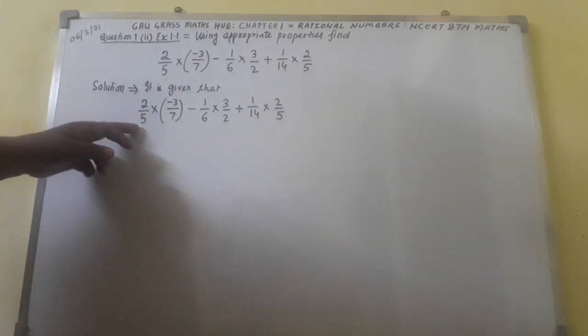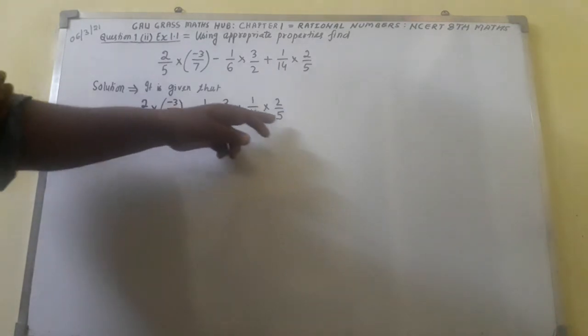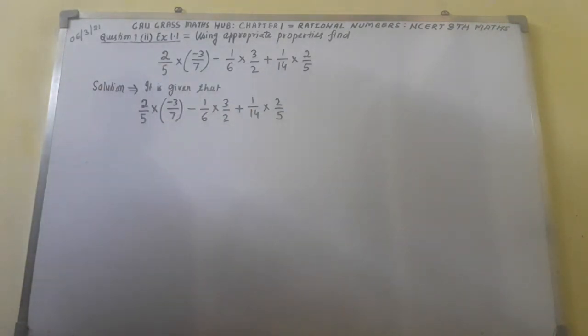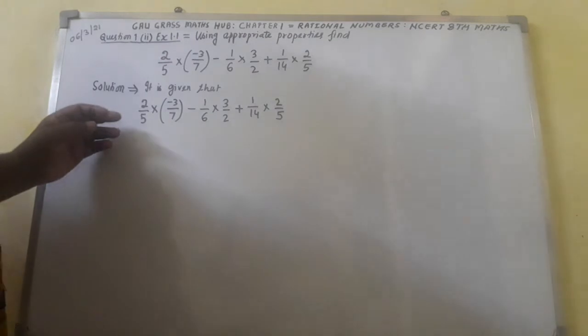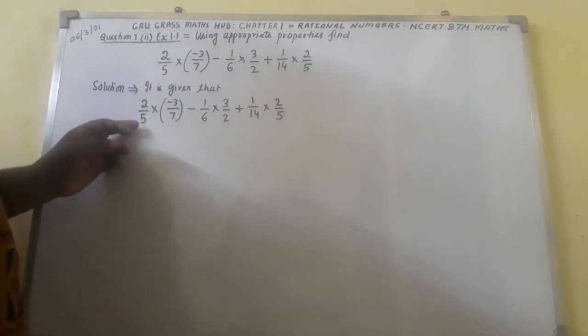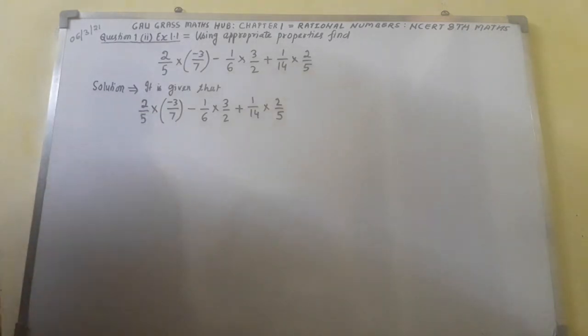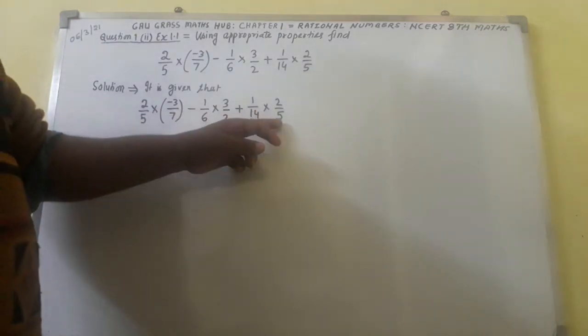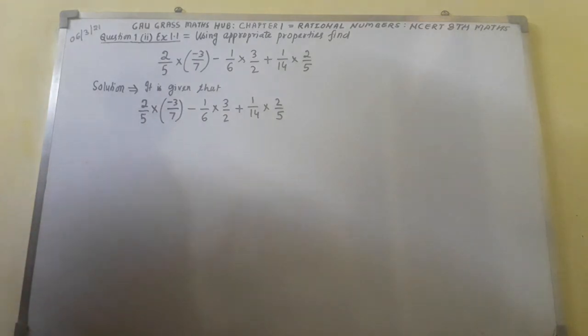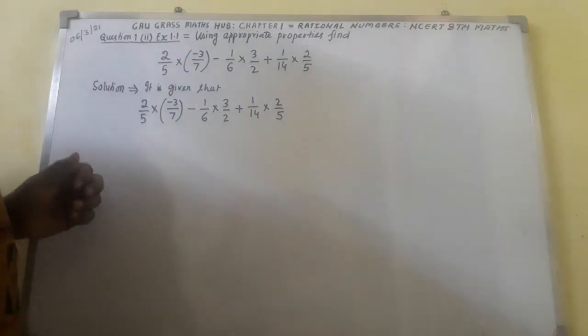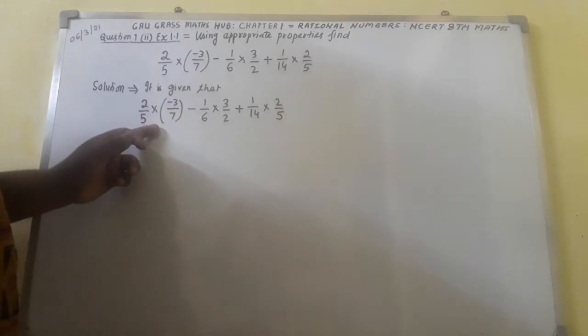You can see in the first term 2 over 5 is multiplied and in the third term 2 over 5 is multiplied. So here I shall use the commutative law in order to bring the first term and third term together.